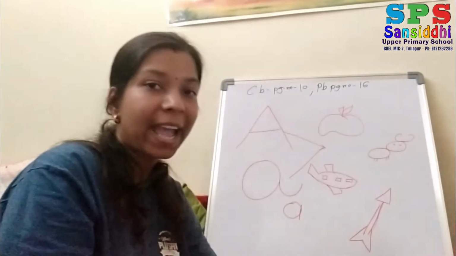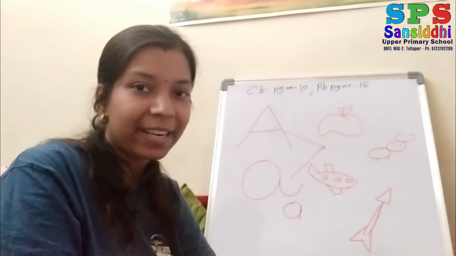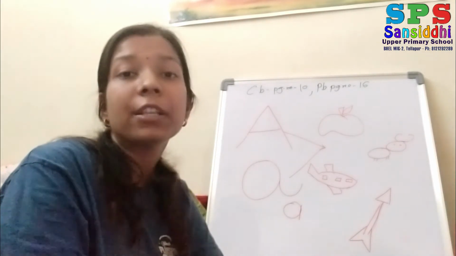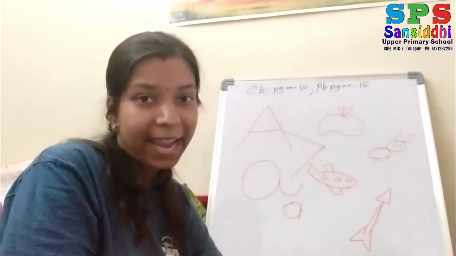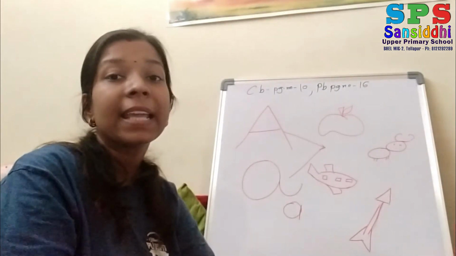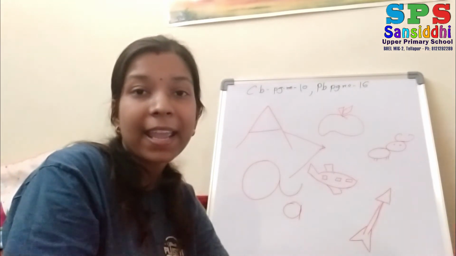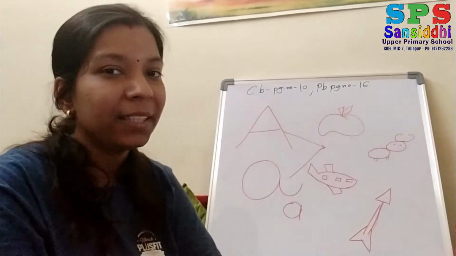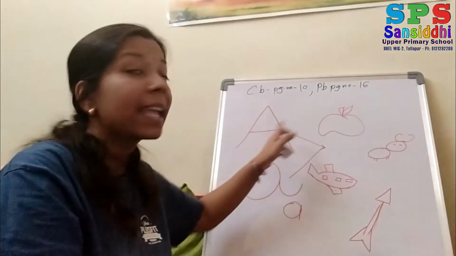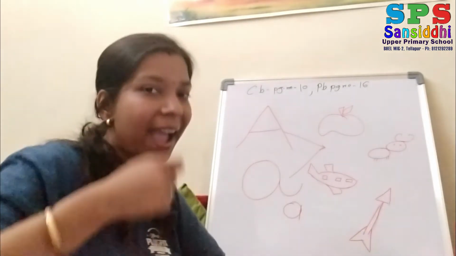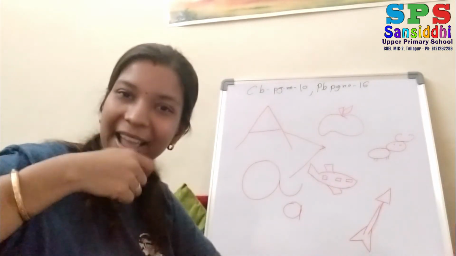Okay, so we have done our letter A and I will tell you now what is the phonic sound of letter A. Now sing along with me. A is for apple, apple, apple. A is for apple, apple, apple.